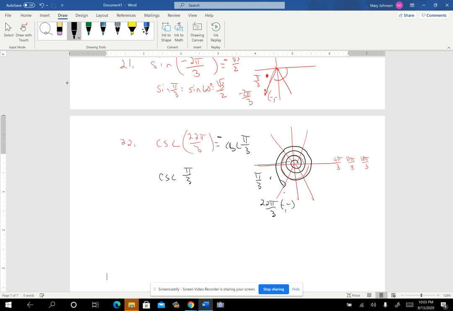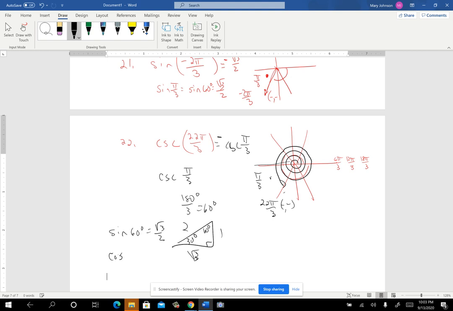So I know it's going to be negative, whatever the cosecant of pi over 3 turns out to be. Pi over 3 again is 60 degrees. So if you're using triangles, you need to think that. You come in here, and if you didn't already have them sitting right next to you, just recreate it. Then you can think cosecant outright, or if you do like I do, sine. So sine of 60 is square root of 3 over 2.